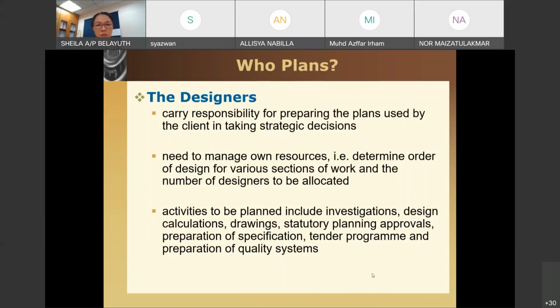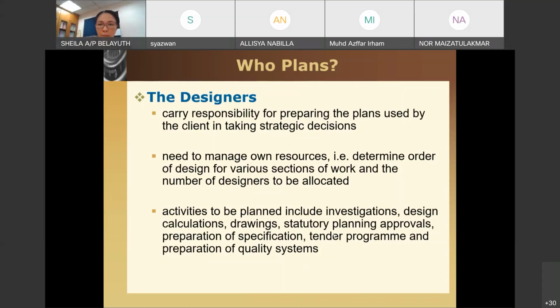So the specification needs to be read together with the drawing, and the drawing together with the specification, so that you have the right idea about the material that you are going to use. Very important: if you read the drawing without the specification, you might order some cheap material, whereas in the specification it is high-end material. Then you are not following the contract, and there will be a dispute later. So there will be a problem.